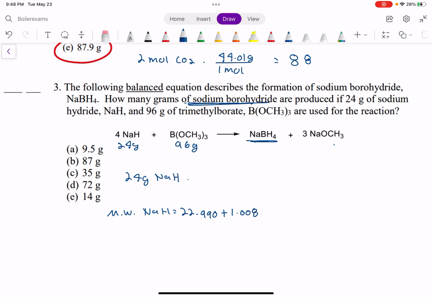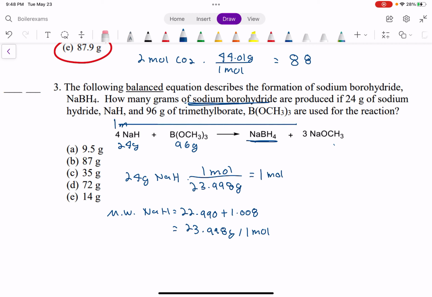The molecular weight of sodium hydride is 23.998 grams per 1 mole. Put the grams on the denominator. And 24 divided by nearly 24 is 1. So we have 1 mole of sodium hydride reacting.